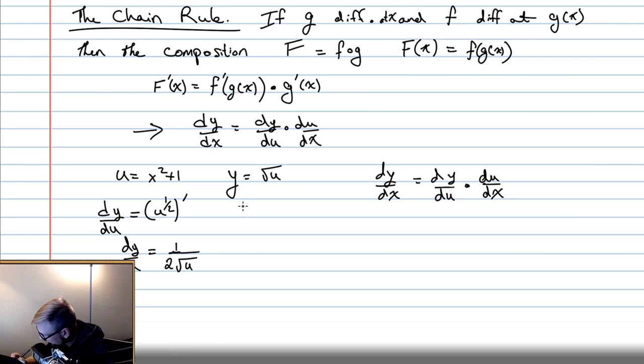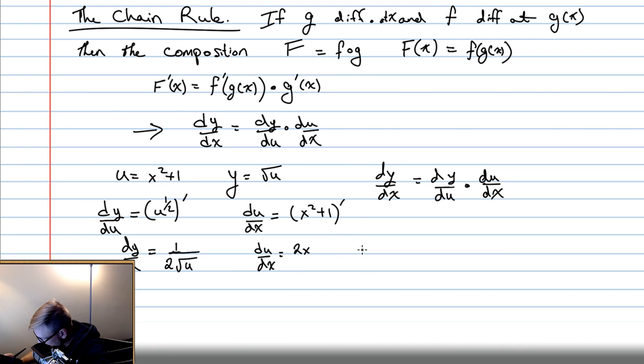Okay, what is du/dx? The derivative of u now with respect to x, so this is just (x squared plus 1) prime. The derivative of x squared is just 2x. The derivative of a constant is 0. So we just got 2x.